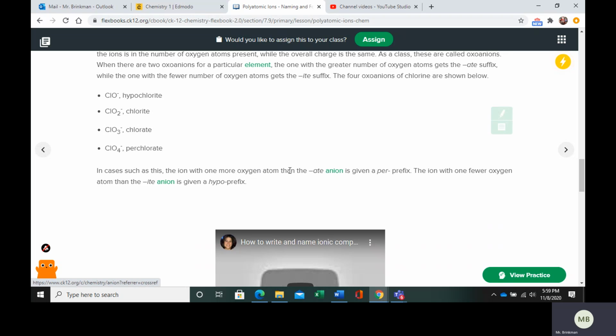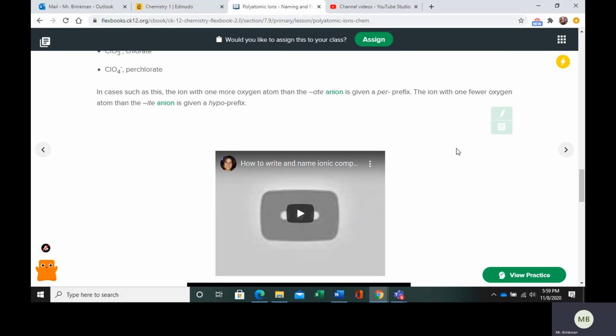And then the ion with 1 more oxygen atom than the ate ion is going to have the per prefix. And then the one with 1 fewer oxygen than the ite ion is going to be given the hypo prefix, so hypochlorite. So hopefully that makes sense.